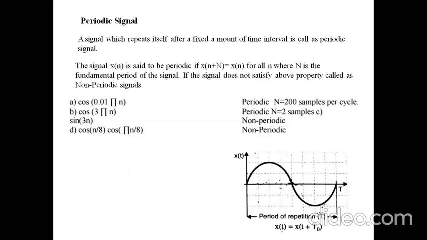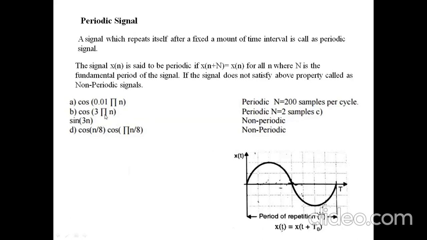If you look at the sinusoidal wave, this signal is repeating. As per the definition, if a signal repeats itself after a fixed amount of time interval, it is a periodic signal. So x of t is equal to x of t plus T0, where T is the period of repetition, after which it repeats.